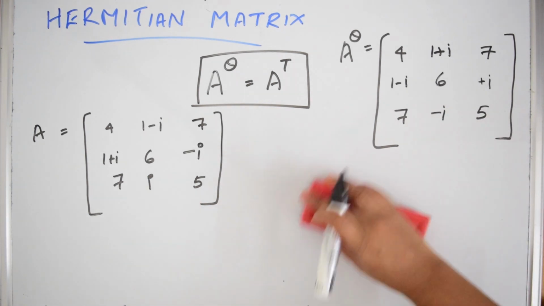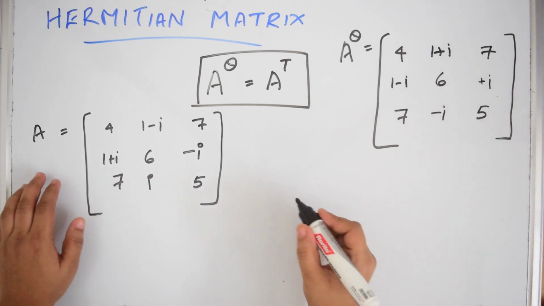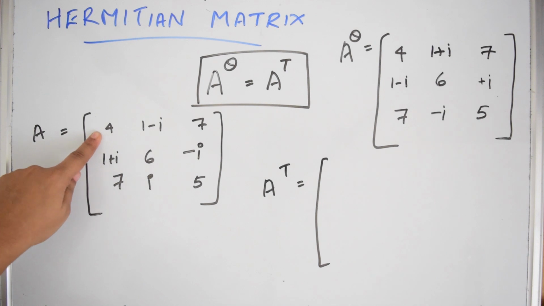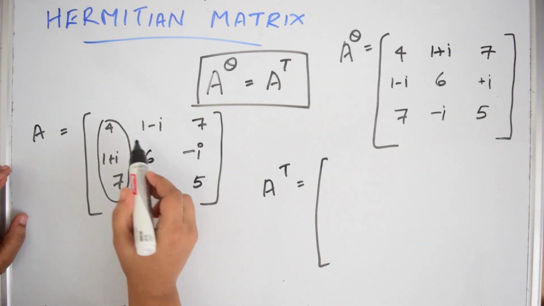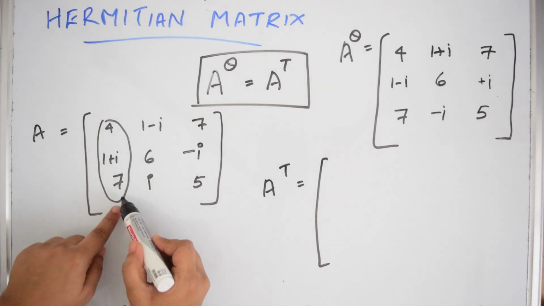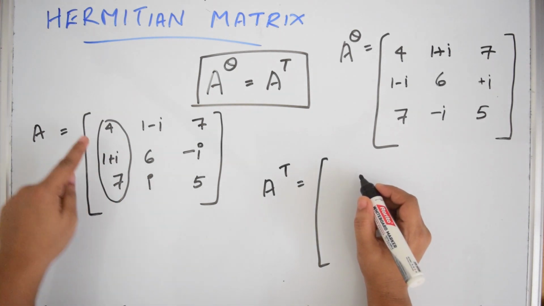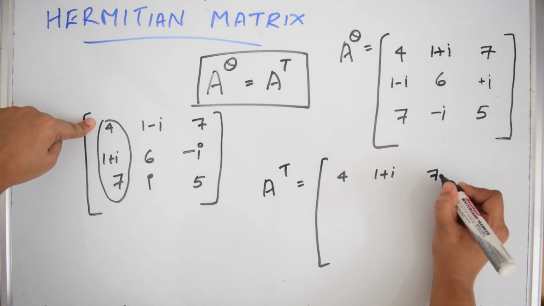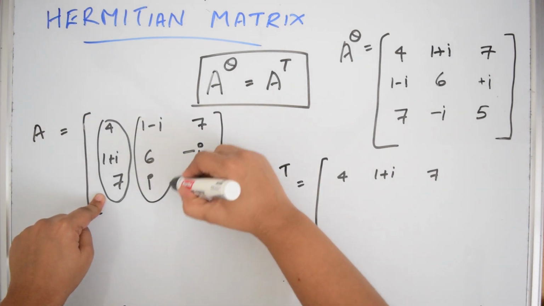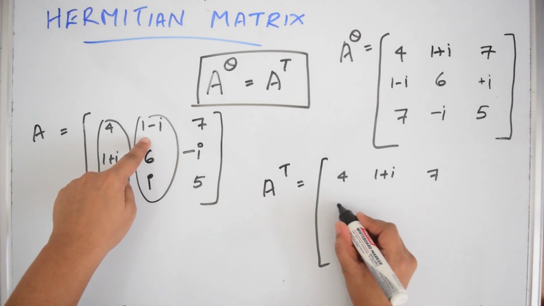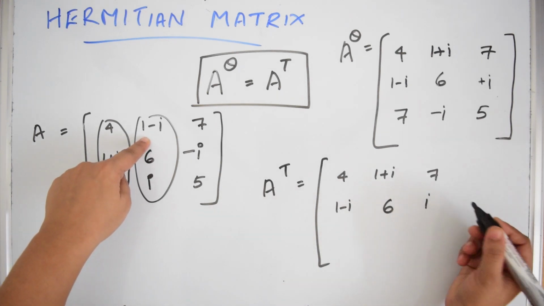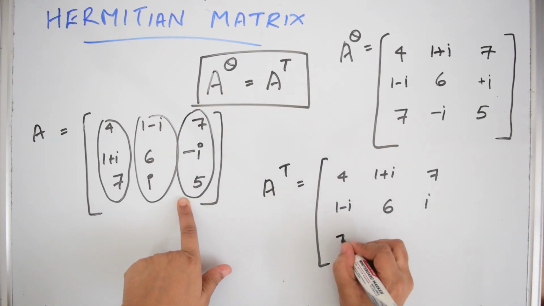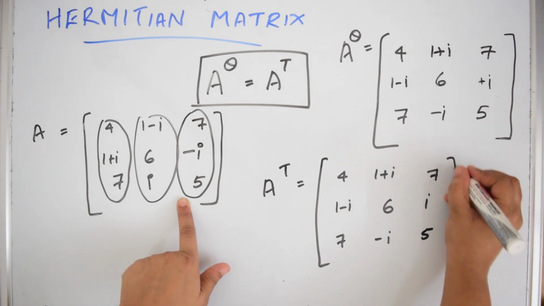Okay, and now we have to find transpose of a matrix, A transpose. What is the transpose of this A? We have to interchange the rows and columns. So this column we will make it a row. Okay, so now this column we have to write it as a row. 4, 1 plus i, 7. Then this column we have to write it as next row, 1 minus i, 6, i, and this column we have to write it as third row, 7, minus i and 5.